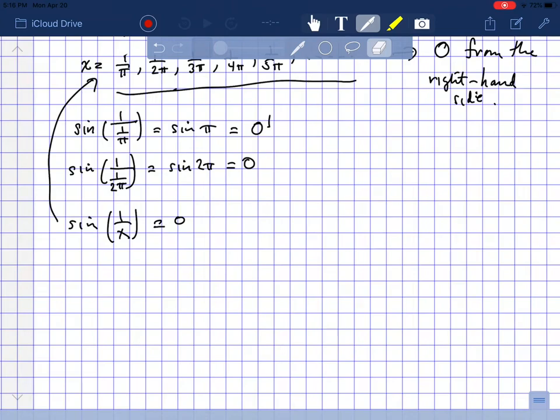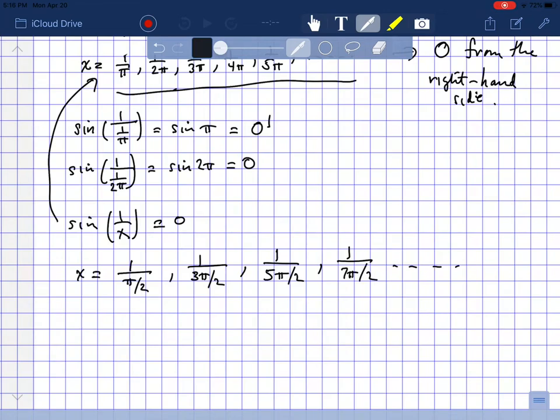So what do I want? Sorry, I didn't want that. I want the following. I want x equal to 1 over pi over 2, 1 over 3 pi over 2, 1 over 5 pi over 2, 1 over 7 pi over 2, and so on.